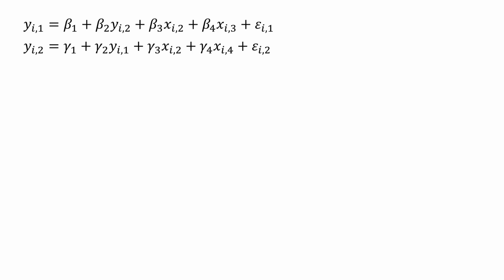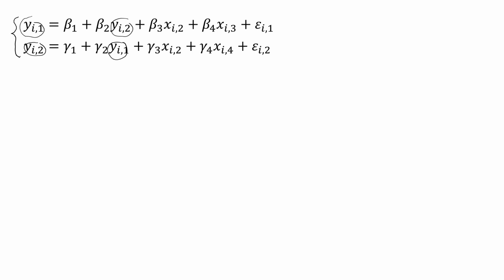Now I can view this as a system of equations. I have two equations, and I think of my dependent variables as the unknowns, the variables for which I want to solve this system. So they are here, here, here, and here.